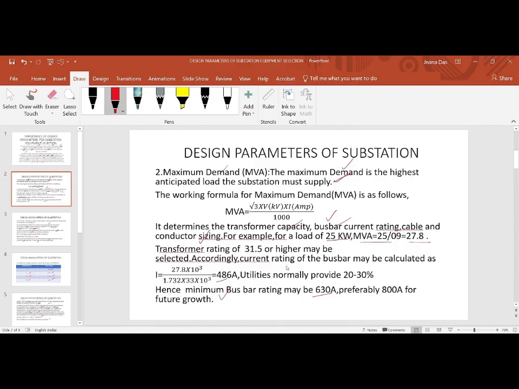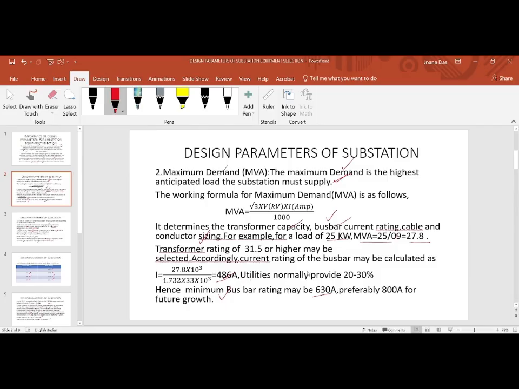Accordingly, the current rating of the bus bar may be calculated as 27.8 into 10 to the 3, whole divided by root 3 into 33 into 10 to the 3. This comes out to be approximately 486 ampere.